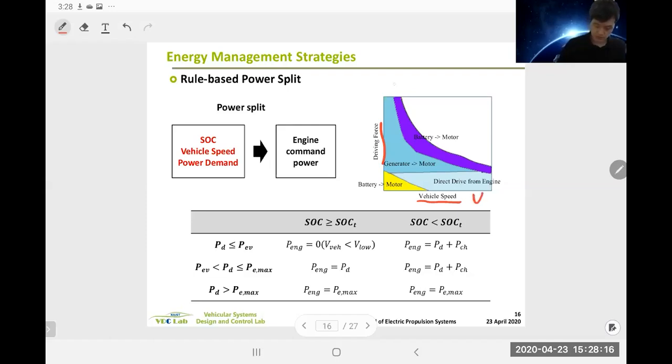So speed and force. So this is going to be maximum power. Sorry about that. And this is going to be maximum power provided by the engine, right? And this is how much the motor should provide.